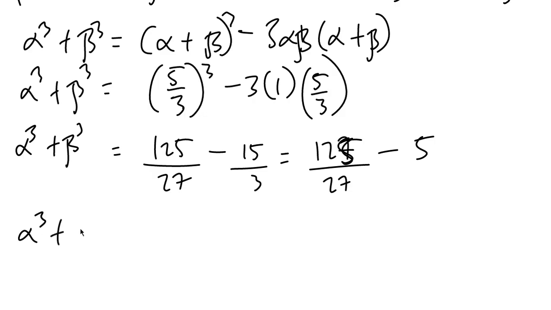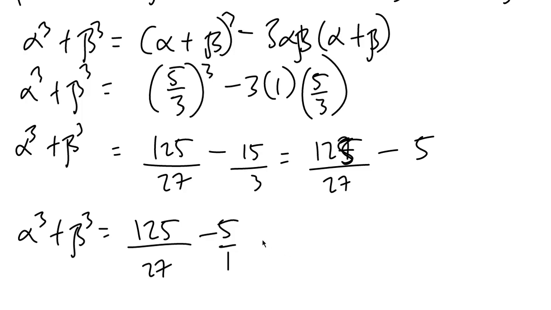We now have that alpha cube plus beta cube is equal to 125 over 27 minus 5 over 1. And then taking the LCM, 27 divided by 27 is 1. So 1 times 125 is 125. Negative 27 divided by 1 is 27. Right, so what's 27 times 5?